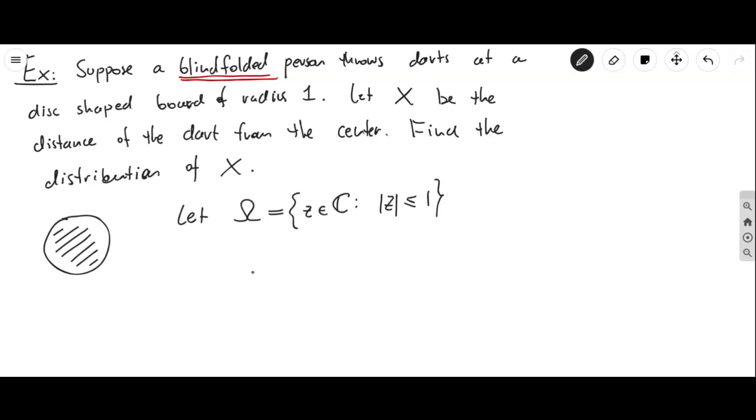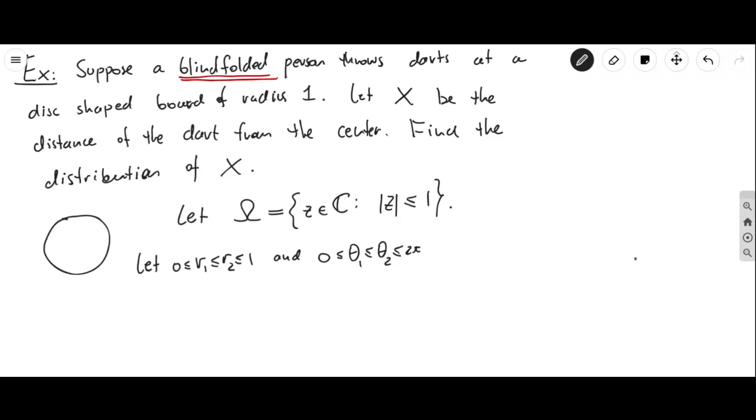And now we need a sigma algebra. So when you try to come up with the sigma algebra, you want to try to think of events that are very easy to compute the probability of. So here's how I'm going to do this. Let r1 less than or equal to r2 be between 0 and 1, and theta 1 less than or equal to theta 2 be between 0 and 2 pi.